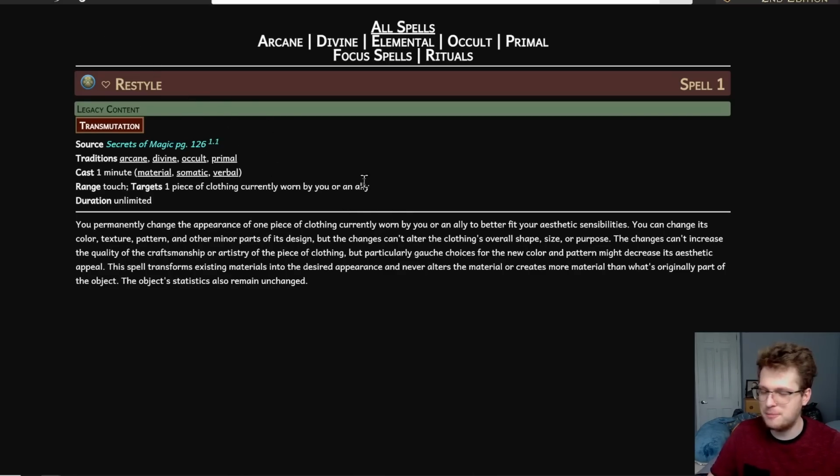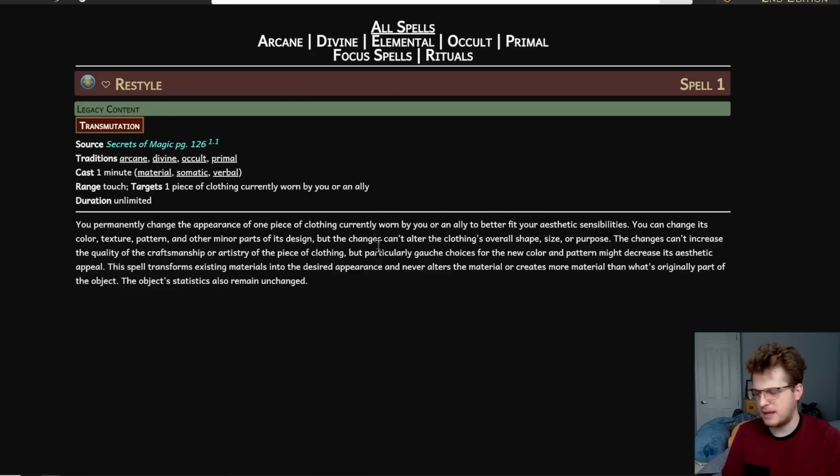Restyle is basically the best fashion spell because it lets you permanently change what an outfit looks like. The make will be the same, in terms of whether it is fine clothing or not. So I would imagine that a lot of people in the Pathfinder setting would have one set of fine clothes that they occasionally pay to get restyled via the spell, where they just walk into the mage's office and say, hey, can you give me a restyle?